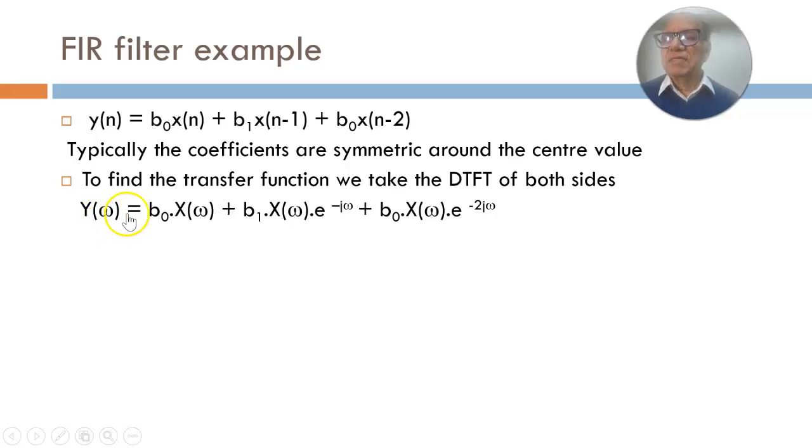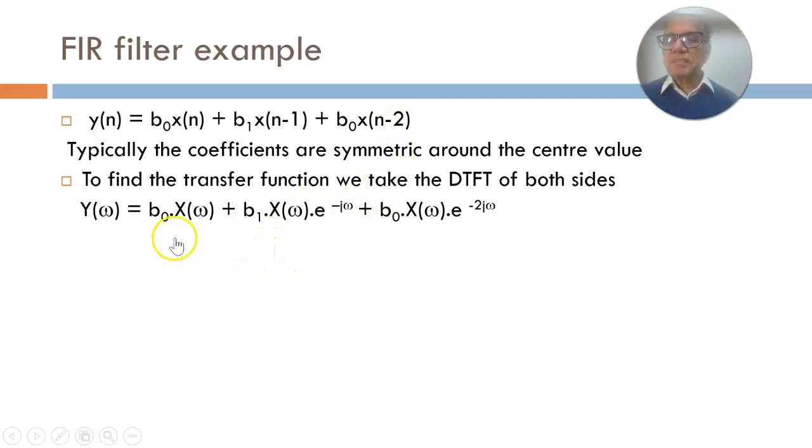So Y omega is equal to b0 times the DTFT of x[n], that is X omega, and then from the delay theorem, a delay in the time domain corresponds to a phase shift in the frequency domain. So this is b1 into X omega into e raised to minus j omega, because the delay is 1, so the coefficient of omega is 1 in this case. And here b0 X omega into e raised to minus 2j omega, because the delay is 2 samples.